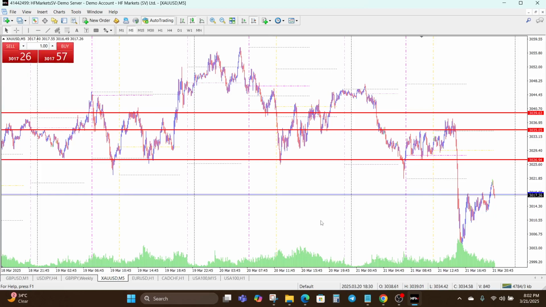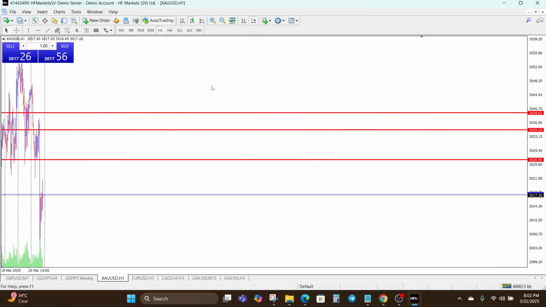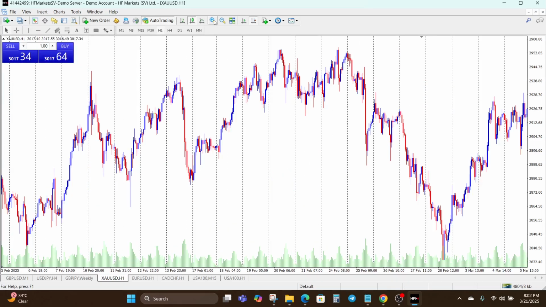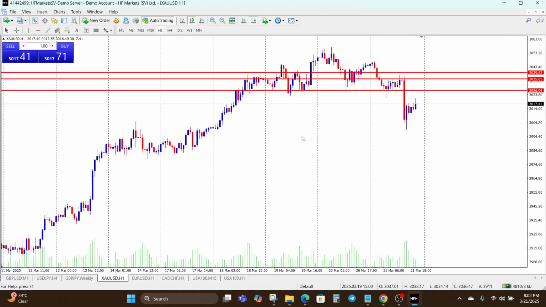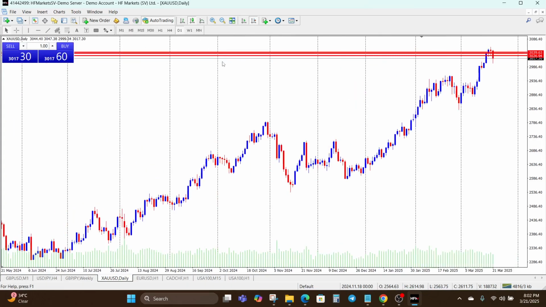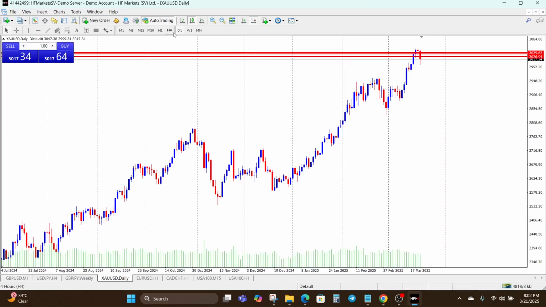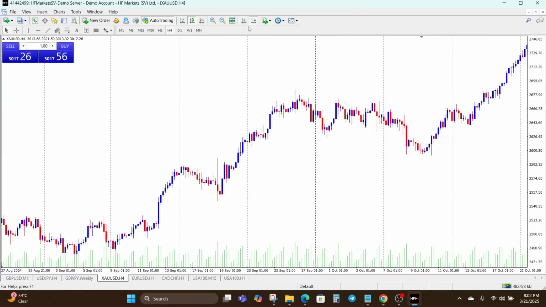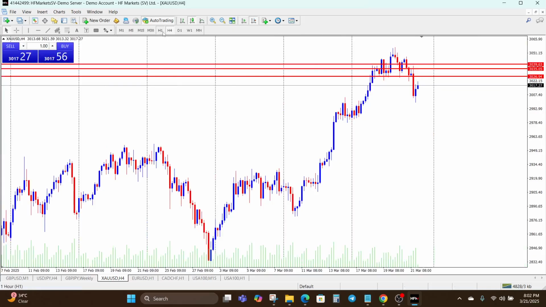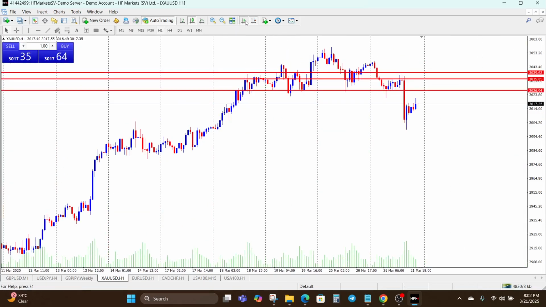If you are using the indicator on a higher time frame, it might be difficult trading with this indicator, because the higher the time frame you go, in fact, it's pointless using this indicator on a daily time frame. You're not going to see anything on the daily time frame. Even on the 4 hours, you can see nothing is appearing. Even on the 1 hour, nothing is appearing.